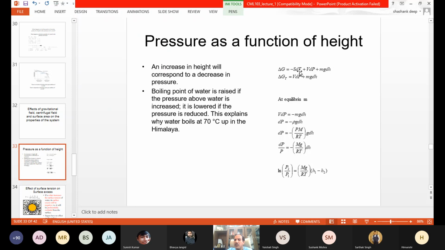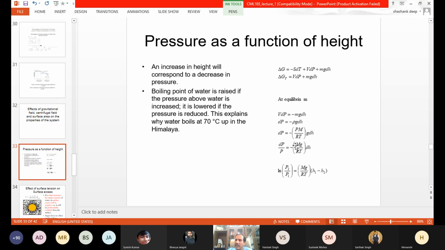Similarly, I can look the opposite way, the effect of temperature on vapor pressure. Now if I include the extra work, then I can look at the effect of height on vapor pressure. So you can know what will happen to vapor pressure if I go up or down.